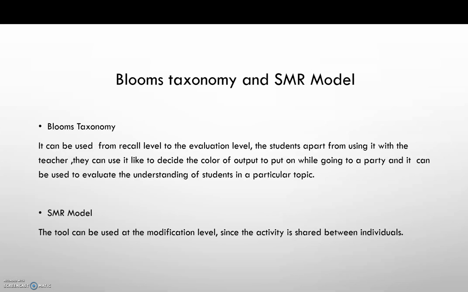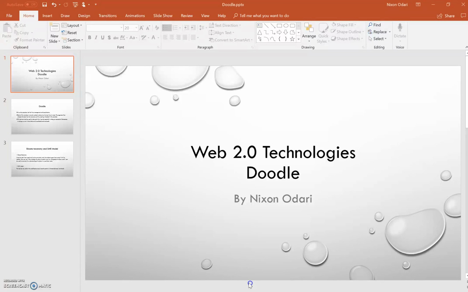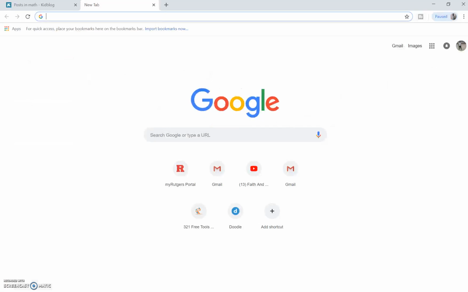In the SAMR model, this tool can be used at the modification level because this activity is actually shared between individuals. Next, I would like to take us through how this tool can be used.